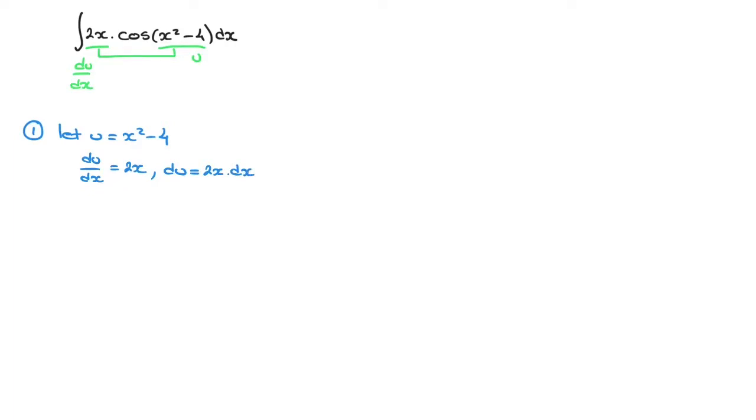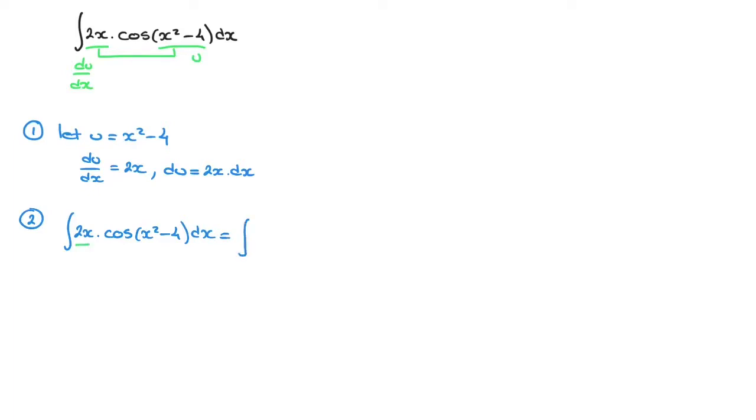I now move on to step 2, in which I will rewrite this integral in terms of this new variable u. That's the integral of 2x times cosine of x squared minus 4 equals the integral of, well, let's see.